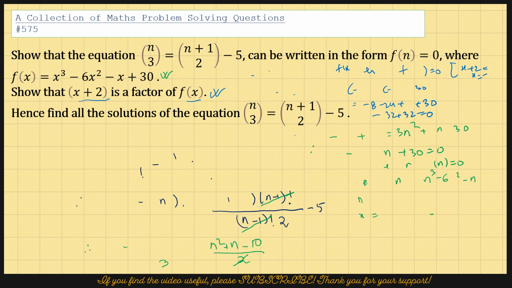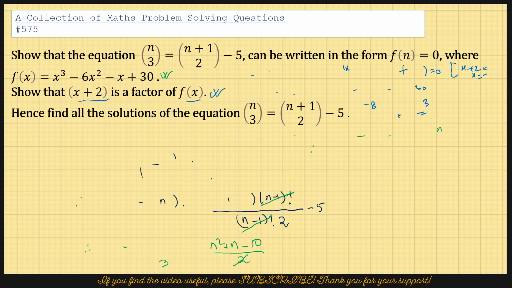So we can divide the entire expression in n by n plus 2 instead of dividing it by x plus 2, or we can divide it by x plus 2 and get a solution.